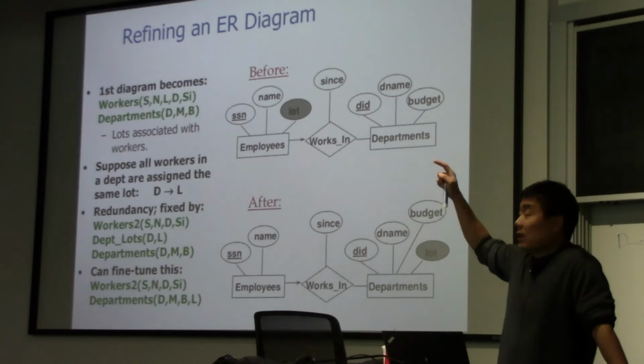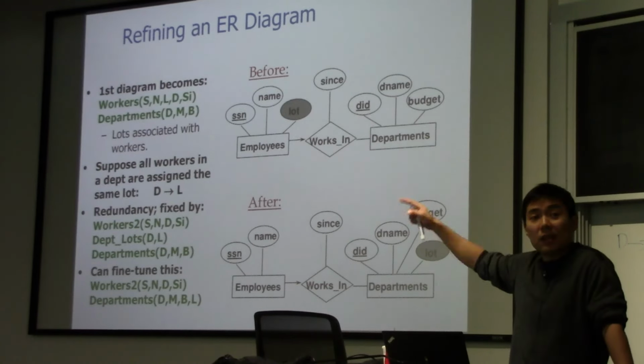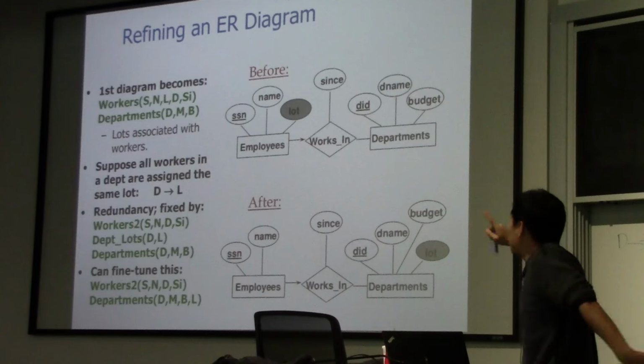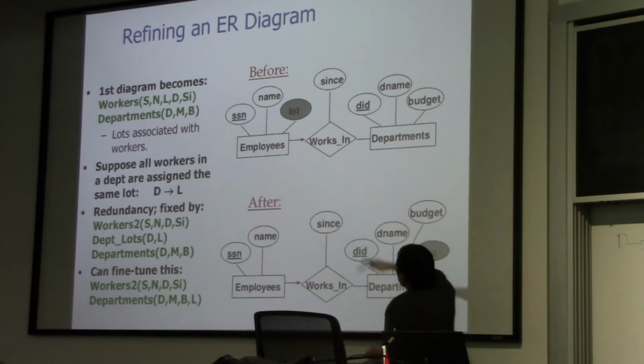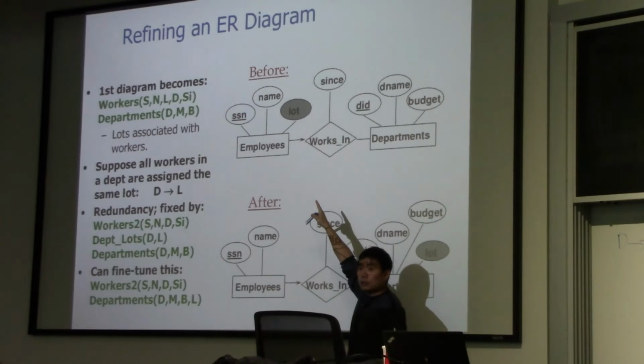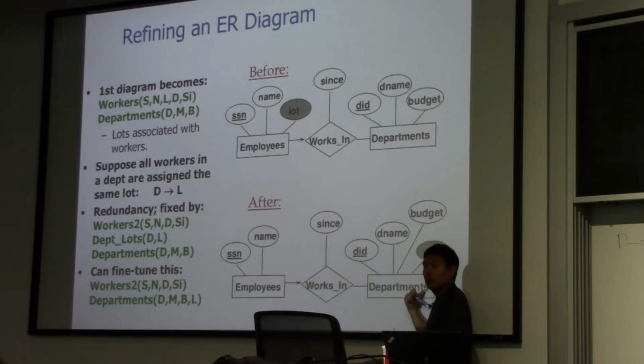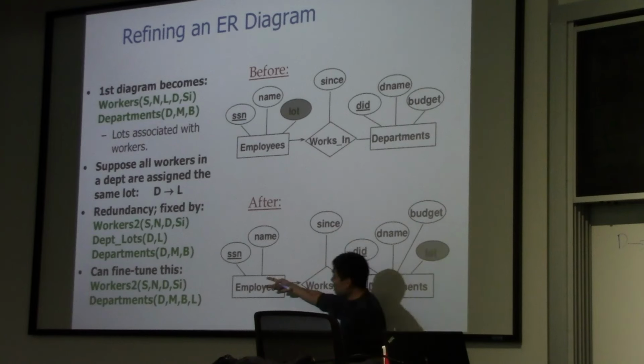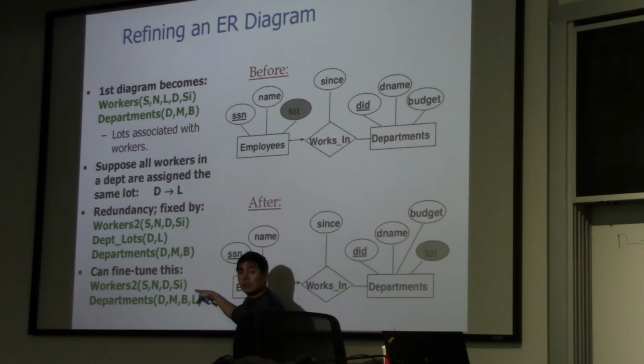Now, if you go one step further, you realize instead of having 3 tables like this, a better design is to go back all the way to your ER and move that lot attribute from the employee entity set to the department. You end up with a design like this. The department lot is the same.